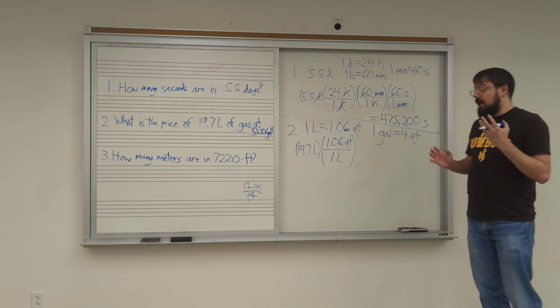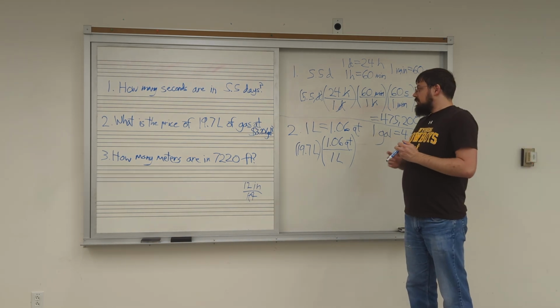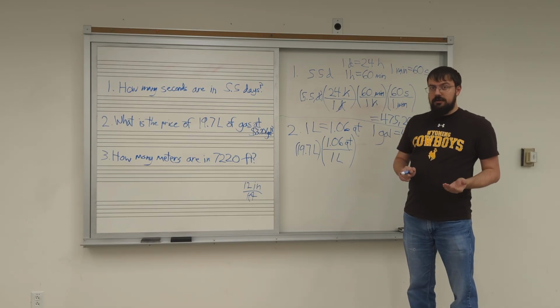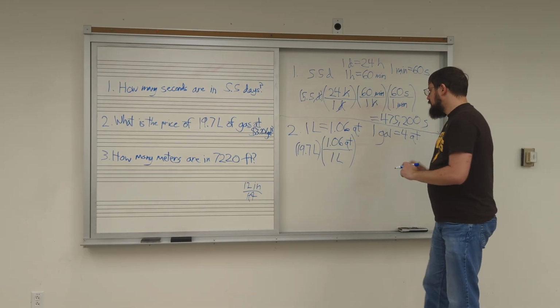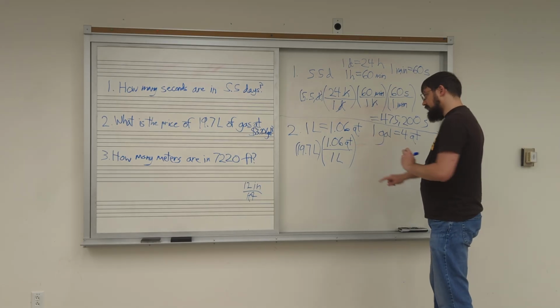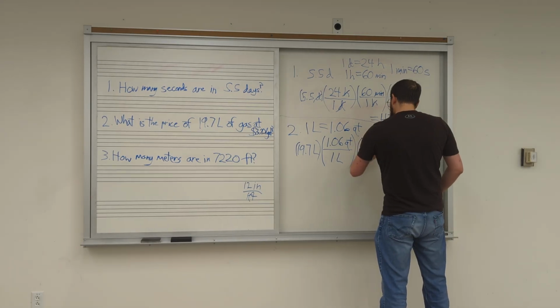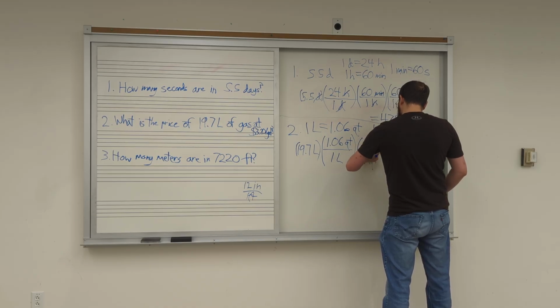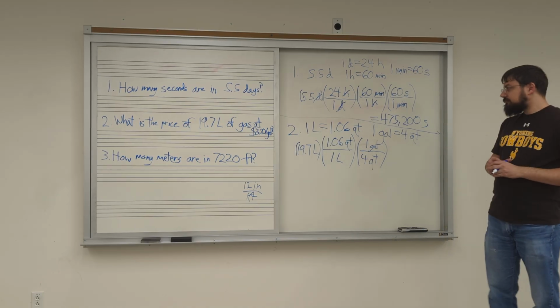All right, now, the next step, we want to go from quarts to gallons. So in this case, we have quarts on top here, we want quarts on bottom now. So we have our next conversion factor, which is that 1 gallon is equal to 4 quarts.